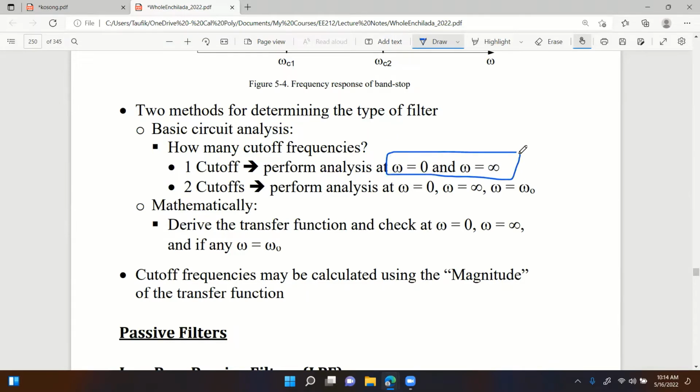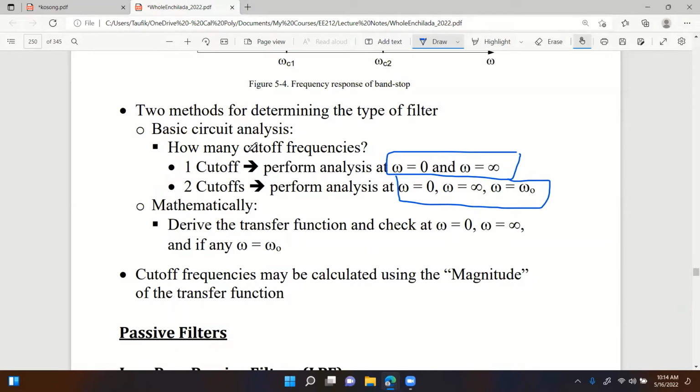But if there are two cutoff frequencies, then you do the test at three frequencies: omega equals 0, omega equals infinity, and omega equals the resonant frequency omega naught. That's the first method of determining the type of filter.